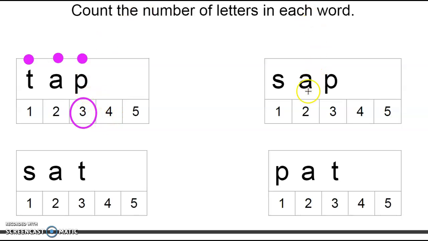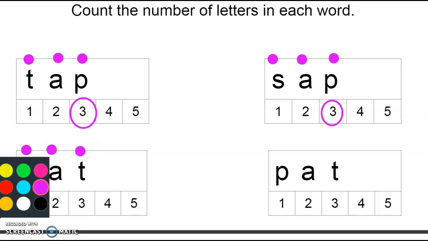Now let's go to the right side. Sap. Sap rhymes with tap. Sap is spelled S-A-P. Counting those letters, we have 1, 2, 3. 3 letters in the word sap. You guys are doing great. Let's keep going. Our next word is sat. Sat is spelled S-A-T.